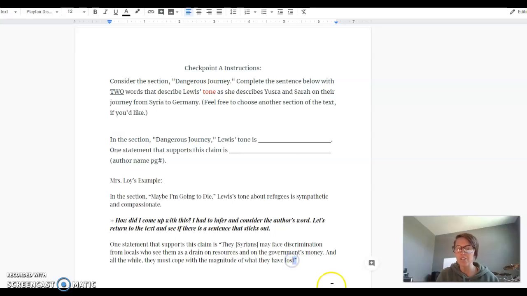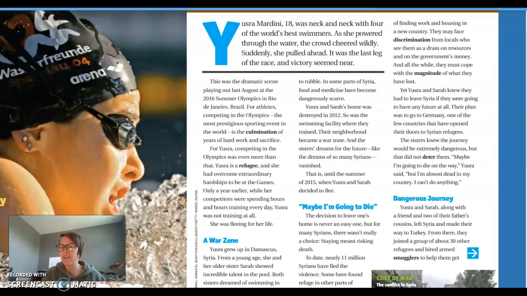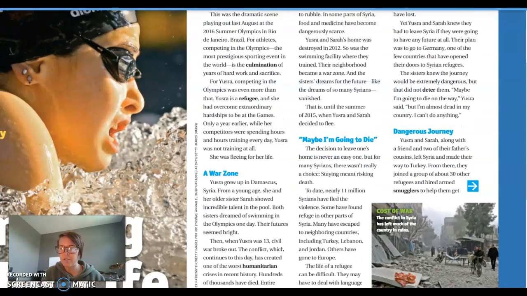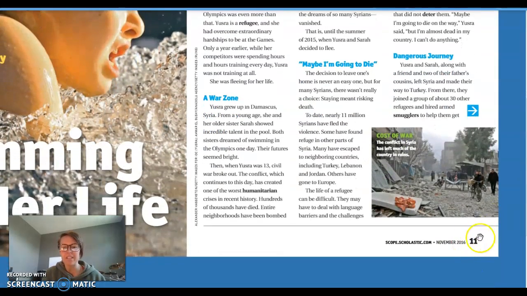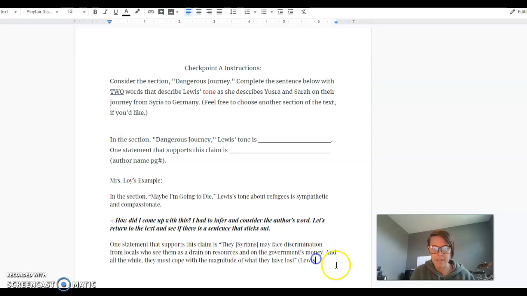So notice that I also haven't inserted my end of sentence punctuation because I still have to work in my in-text citation. I know that my author's name is Lewis, and then I'm going to pop over to presentation mode one more time within our text and scroll down to the bottom here. Oh, and it looks like that is on page 11. So we'll go back to my example here.